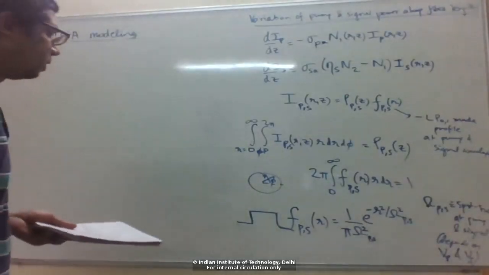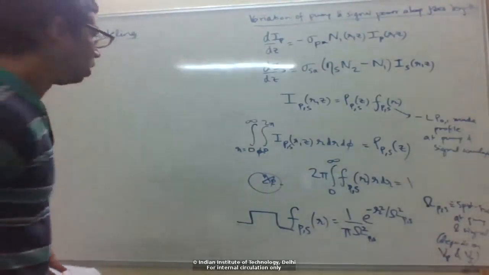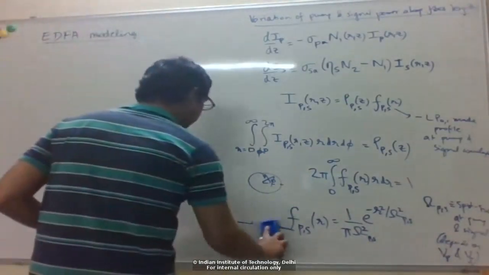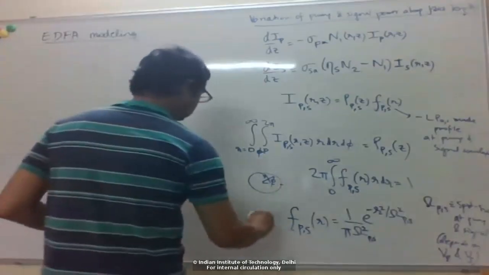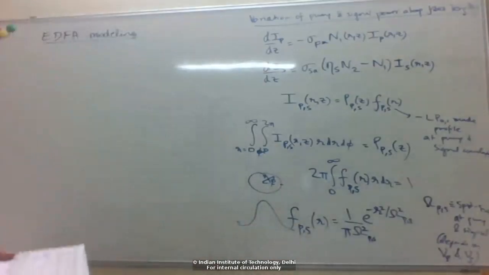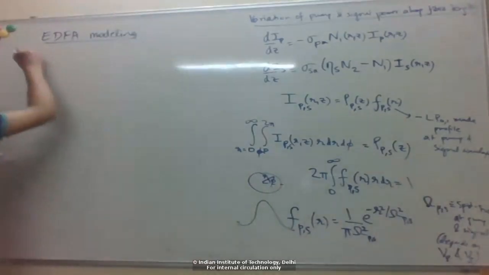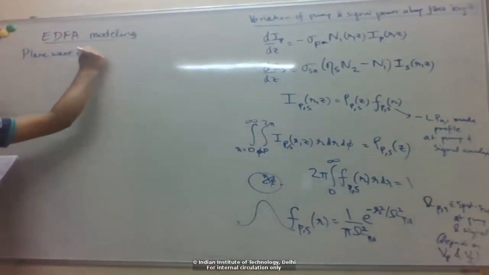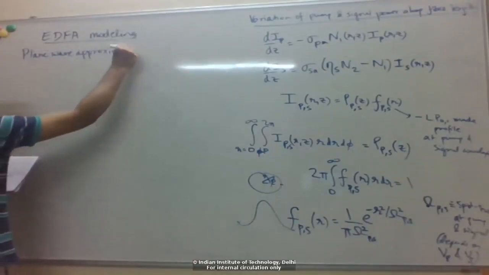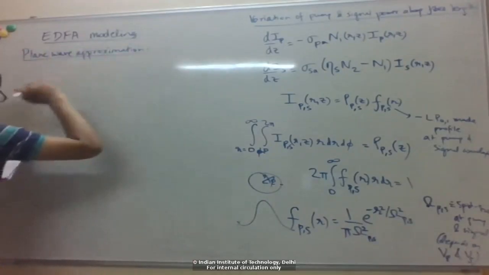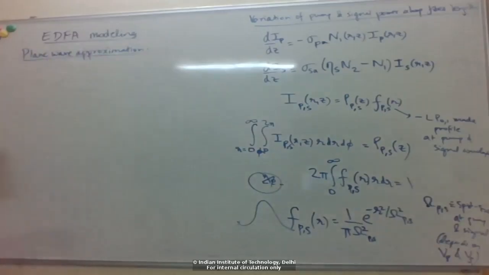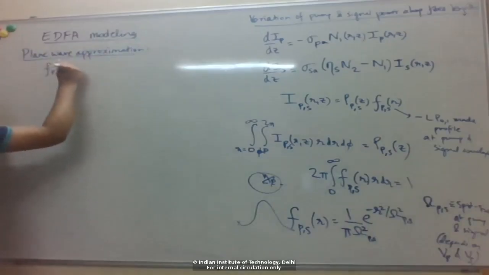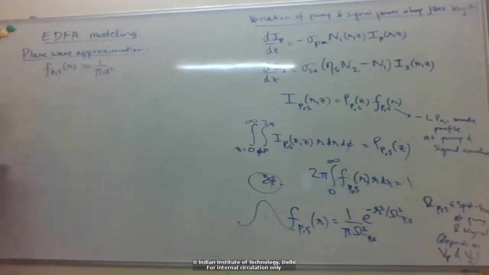So this one is the Gaussian, and what we'll do is known as the plane wave approximation. As I said, we assume that the intensity of the pump and signal is just constant across the core.